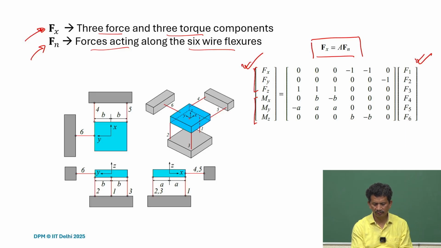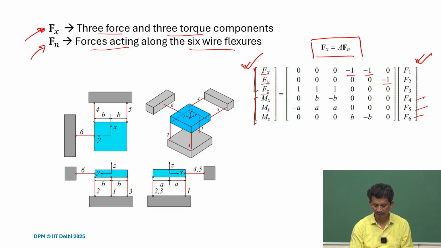So from here also we can see Fx is nothing but minus 1, and this is the 4, so F4 and 5. 4 and 5 will give me Fx. Similarly, Fy is nothing but along 6, so the last component minus 1, so F6.